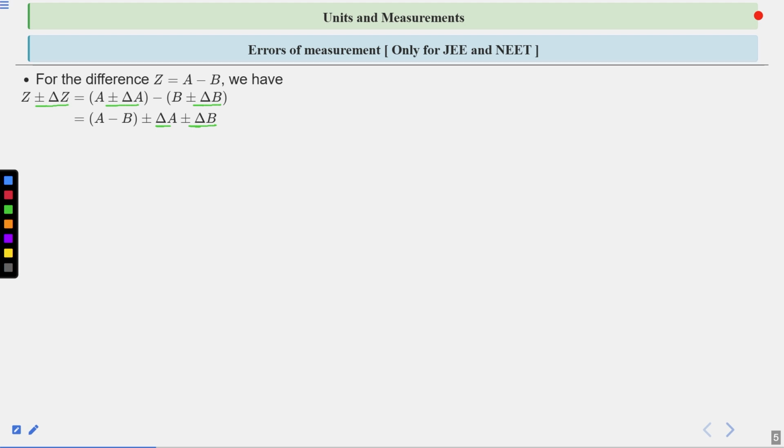Here delta Z, delta A and delta B represent absolute error.